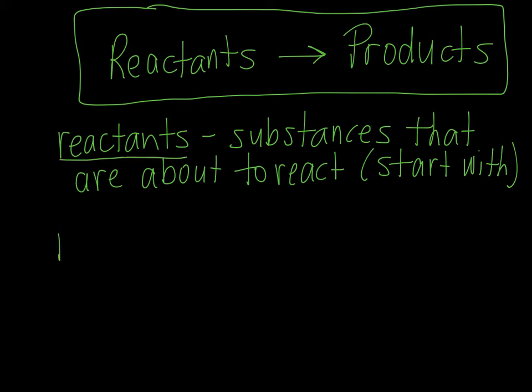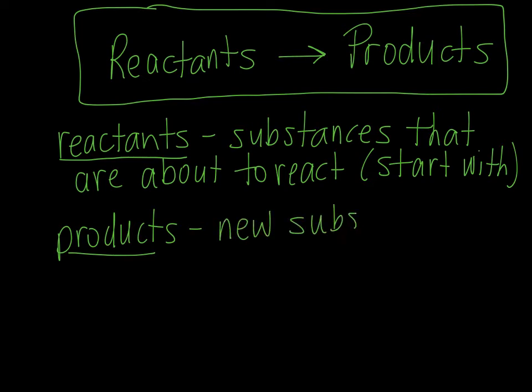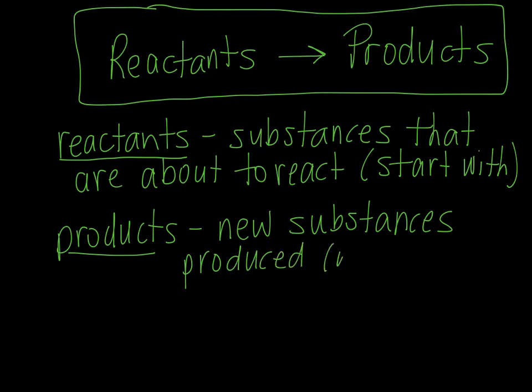What you make then are the products. The products are the new substances that are produced. So we'll put in parentheses what you make. These are the substances that your reaction finishes with.